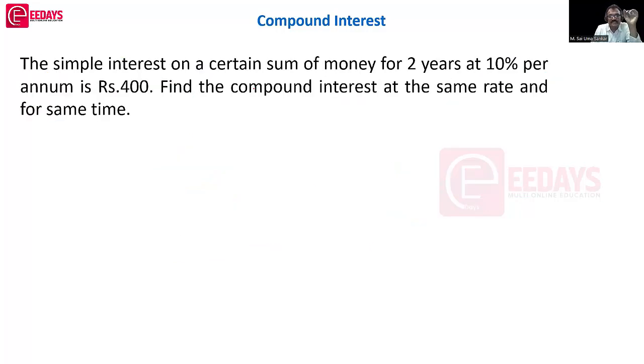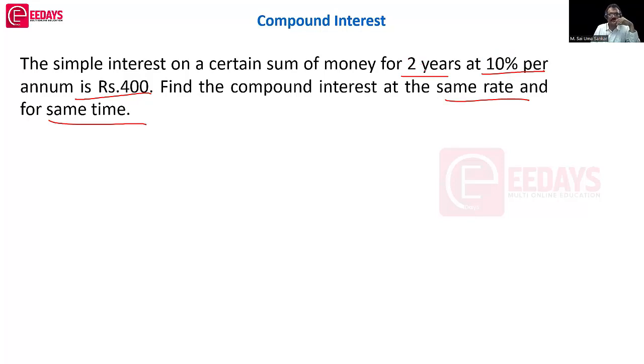The simple interest on a certain sum of money for 2 years at 10% per annum is 400. Find the compound interest at the same rate and the same time. We don't know the amount. 10% and 2 years.